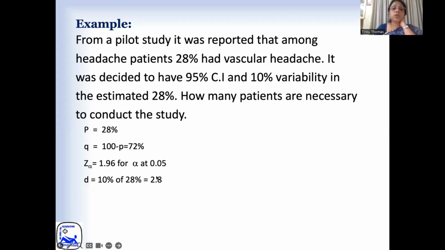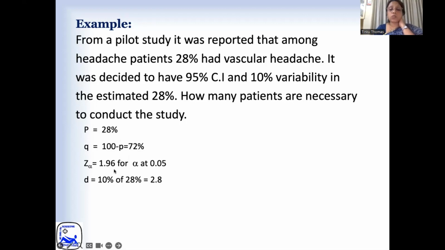So my P here is 28%, Q is 100 minus P, so the people without vascular headache is 72%. Z alpha corresponding to 95% confidence interval is 1.96.